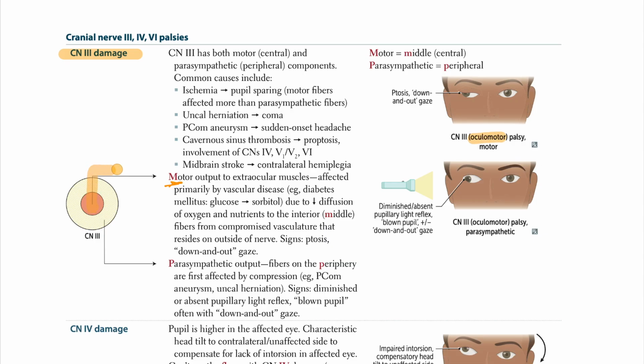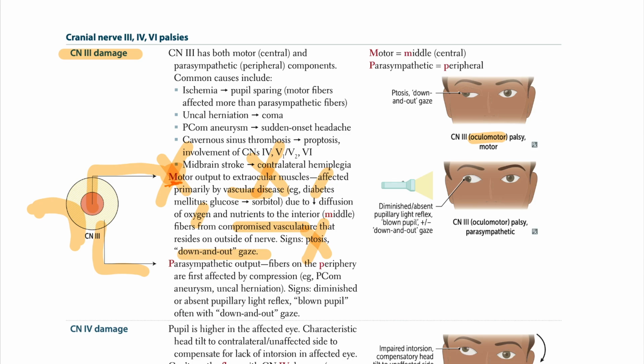When you damage the middle part, which is the motor, and that most commonly occurs with a vascular disease, diabetes, or any oxygen problem, vascular disease again, compromised vasculature, it's going to knock out your middle part, which is the motor supply. When you knock out your motor supply, you knock out your extraocular muscles, causing ptosis and down and out gaze.